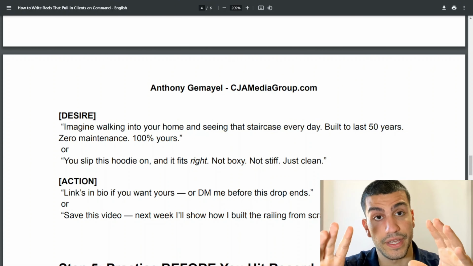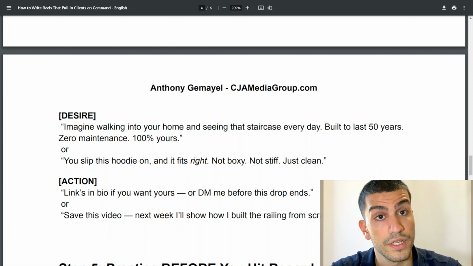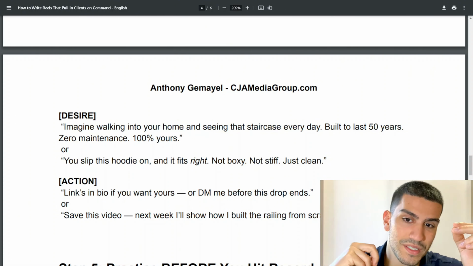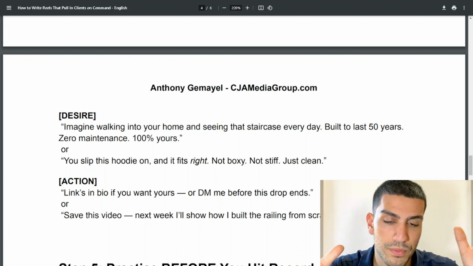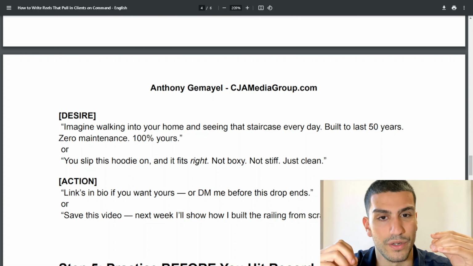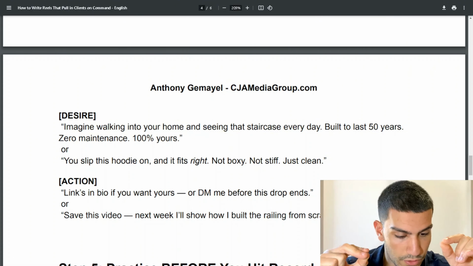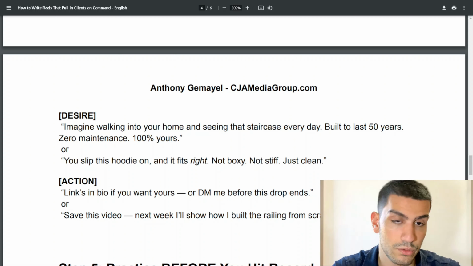But here, if I were to put together this desire part, I would include more of how people would see you in the clothes. Because most people buy clothes because they want to look good, they want to look great. Also, of course, not to forget, you have to mention that it fits right, not boxy, not stiff, and it will stay clean.